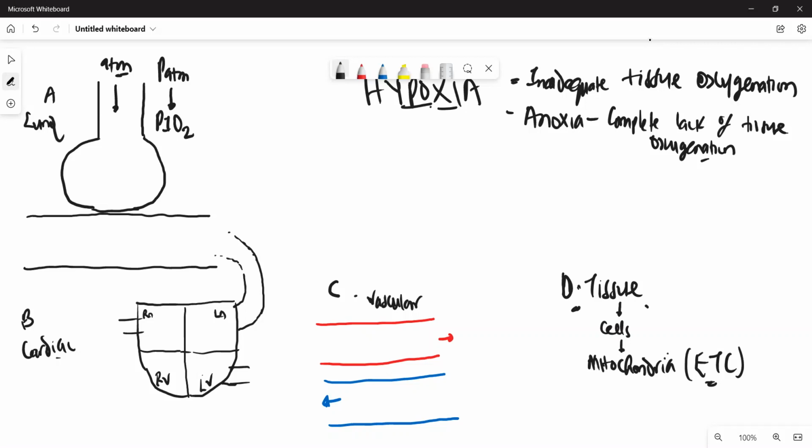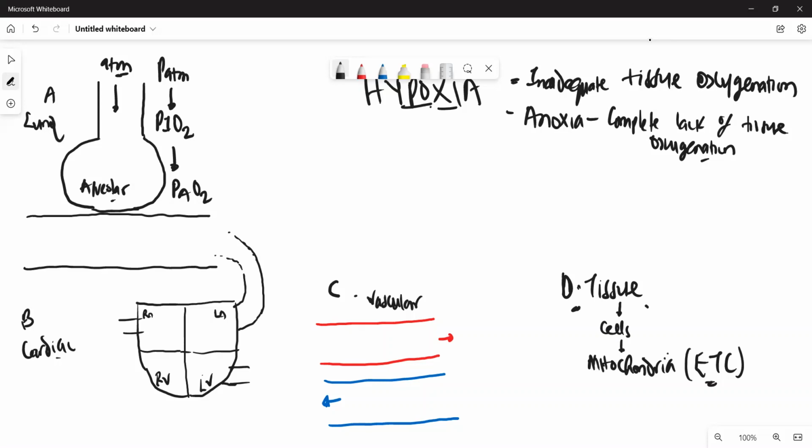And then from there, it's going to go to the alveolar. And in the alveolar, to calculate the partial pressure of oxygen, that's going to be our alveolar gas equation, the capital PAO2. And then this partial pressure of oxygen is going to determine the oxygen that diffuses through the alveolar wall and the capillary into the capillary.